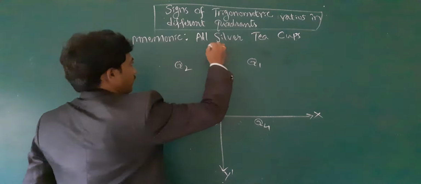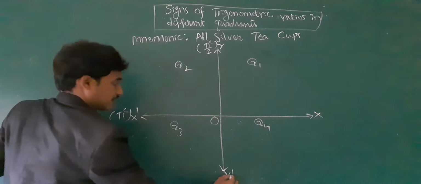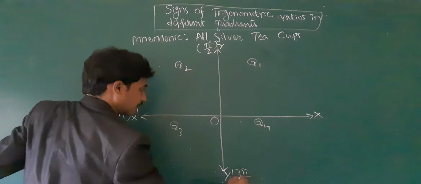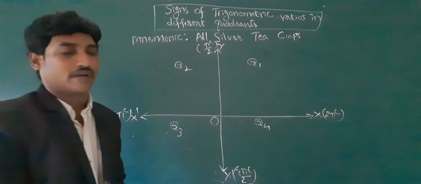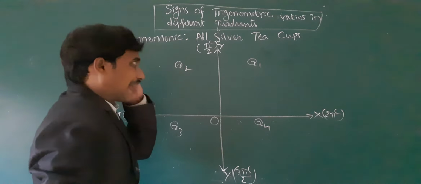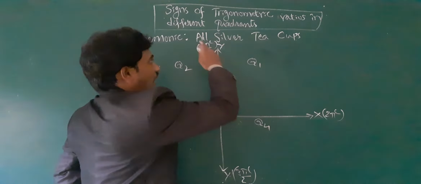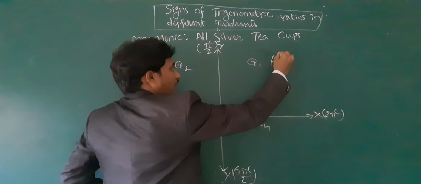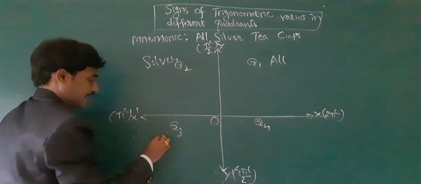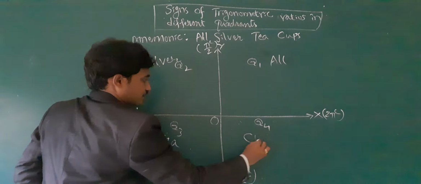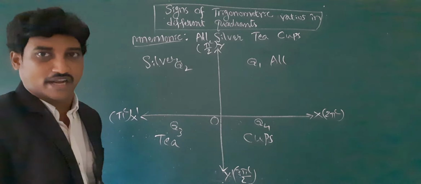Here pi by 2 radian, pi radian, 3 pi by 2 radian, 2 pi radian. Here, if the angle is in Q1, write all silver teacups. I wrote the mnemonic all silver teacups.